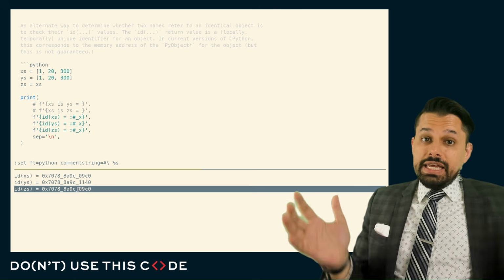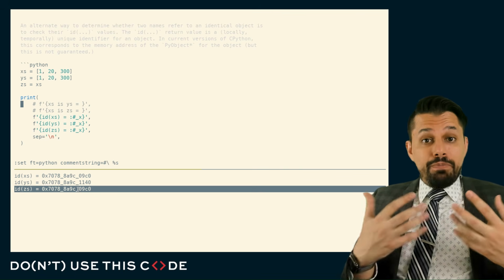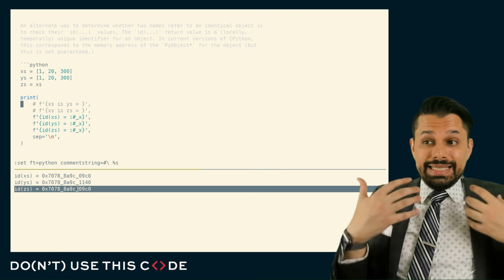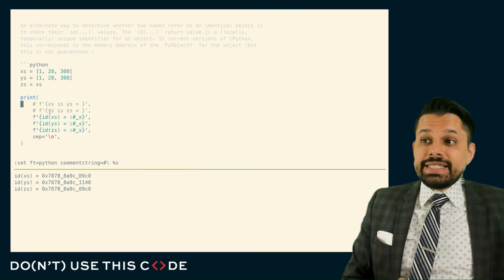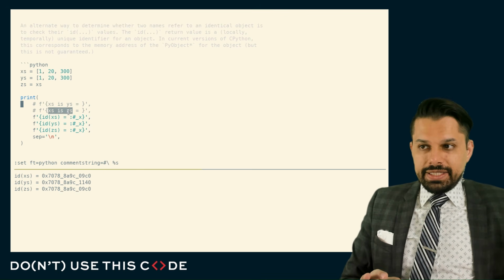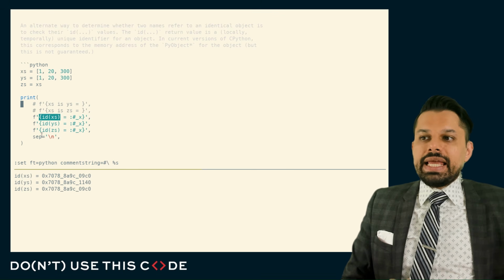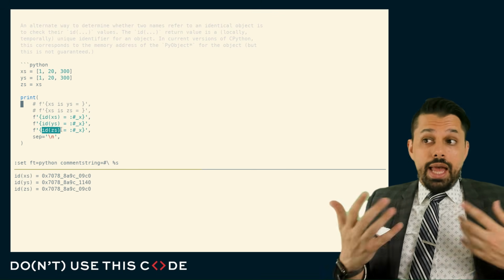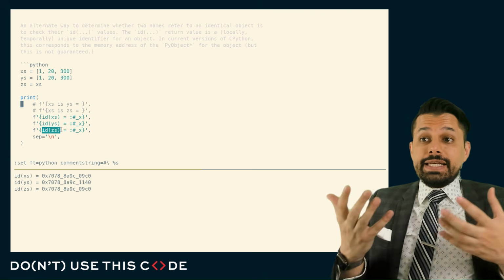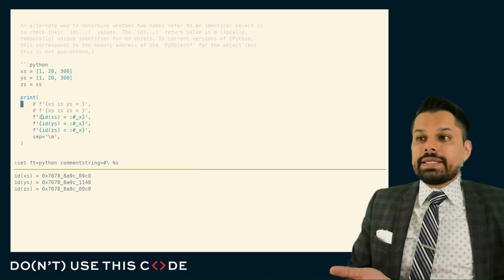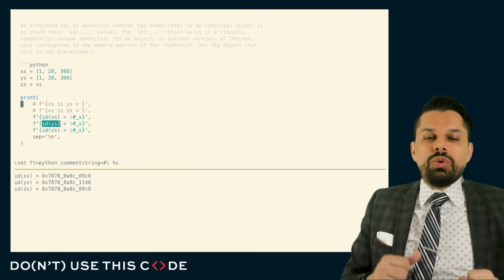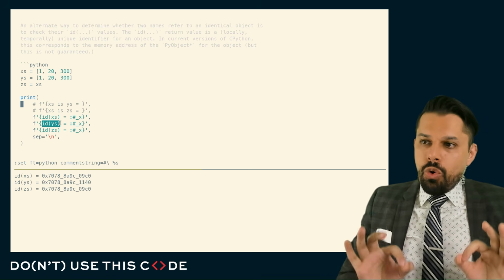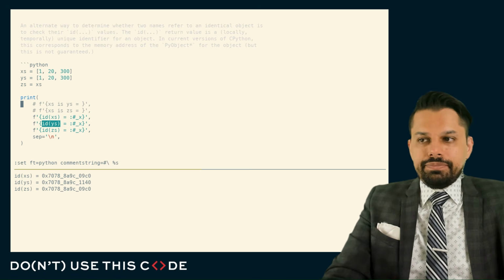In fact, if the IDs of two names match, that means that they refer to identically the same object. X's is z's is exactly the same thing as the ID of x's equals the ID of z's. And consequently, x's is not y's is the same thing as the ID of x's does not equal the ID of y's for a given point in time.